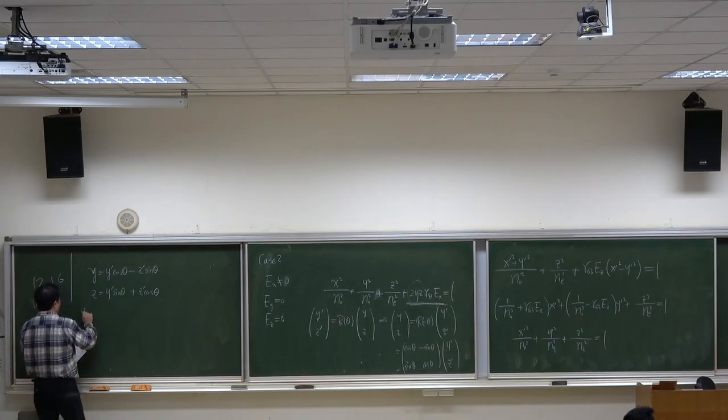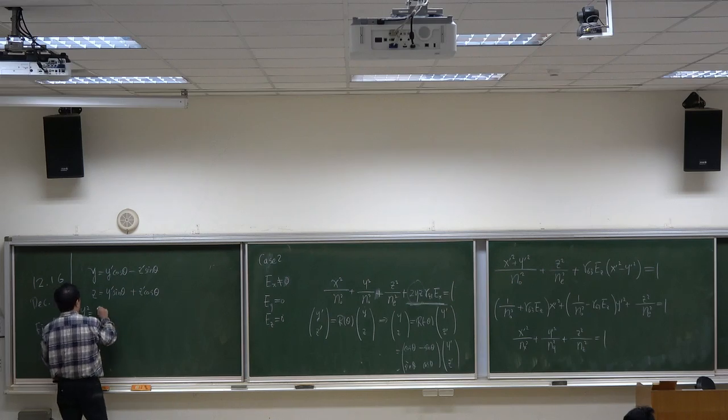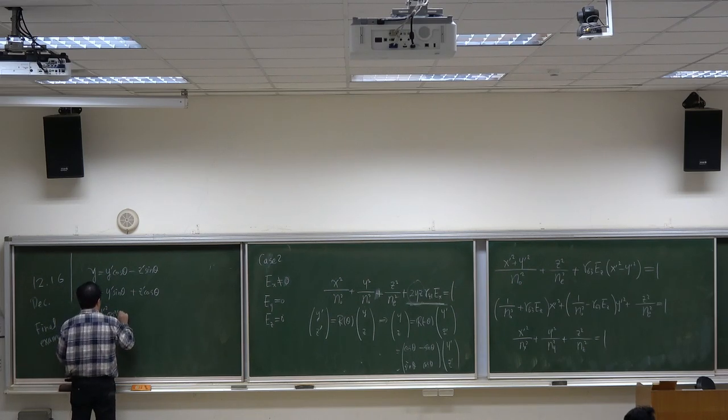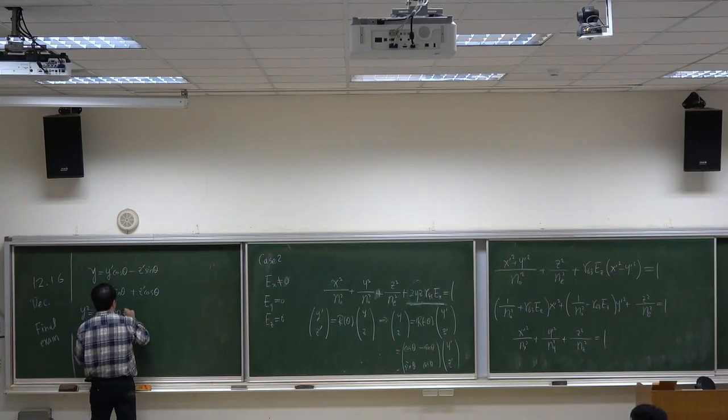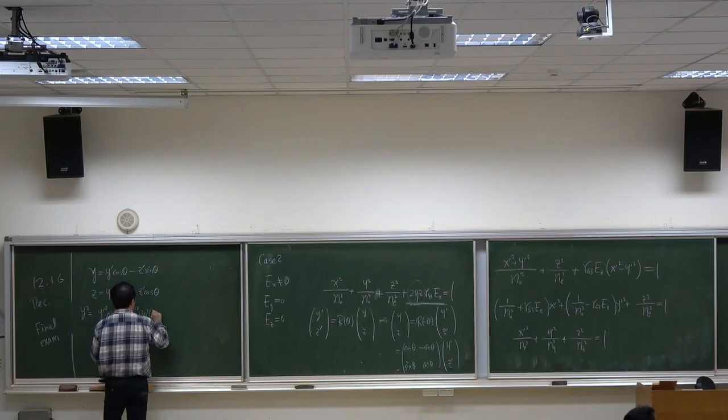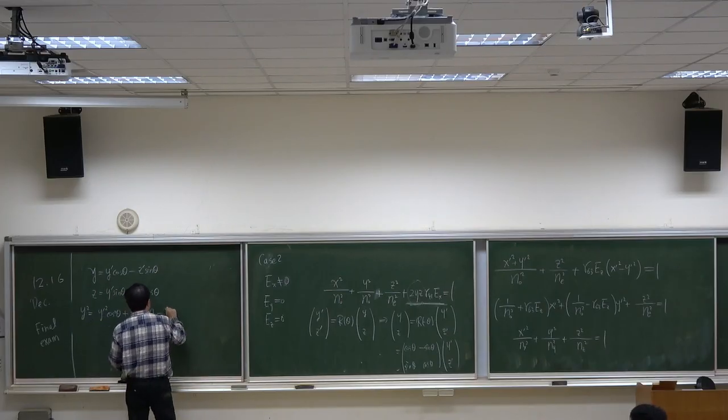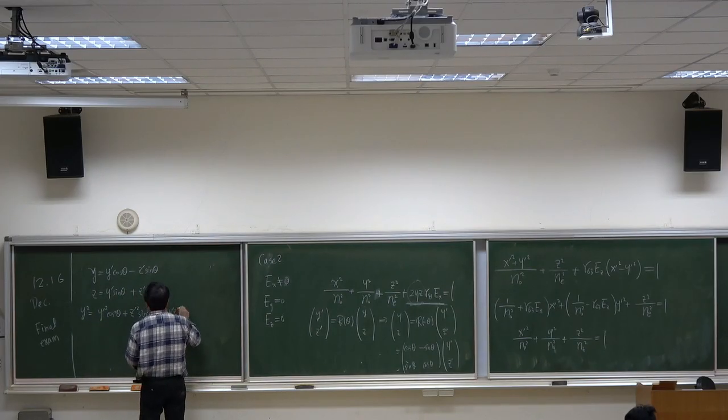So y squared is now equal to y prime squared cosine squared theta plus z prime squared sine squared theta minus 2 y prime z prime sine theta cosine theta.